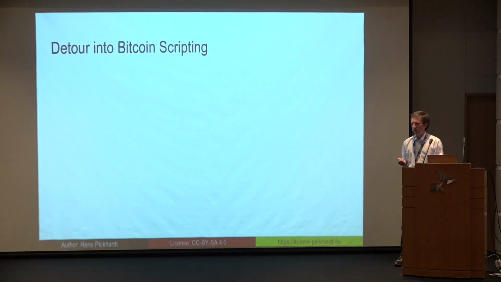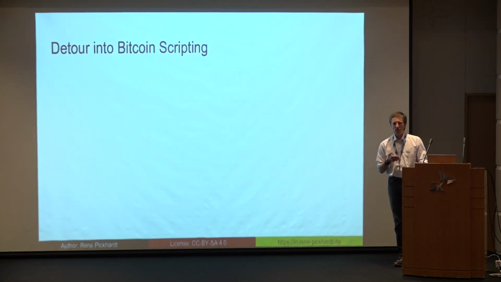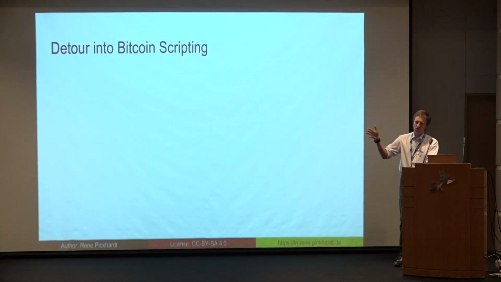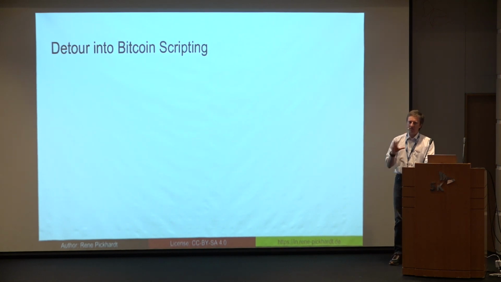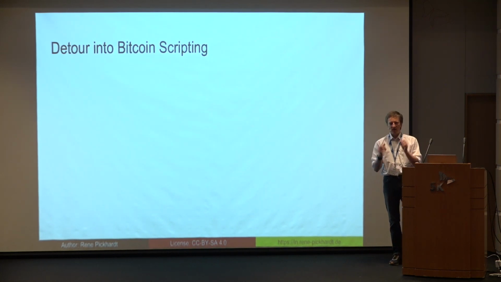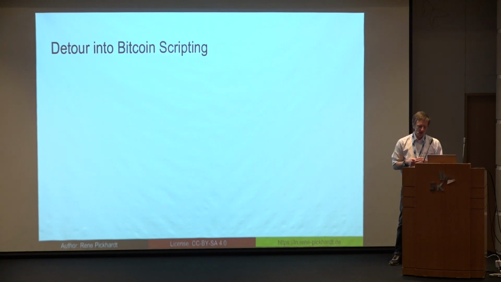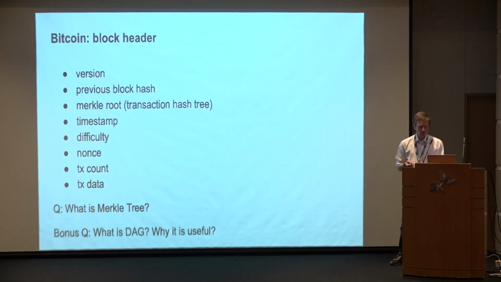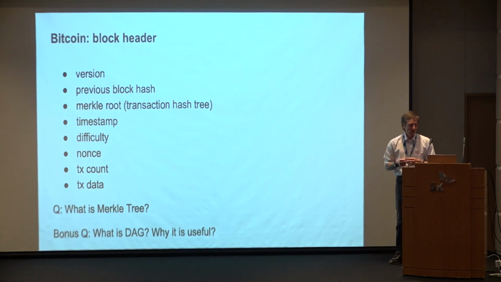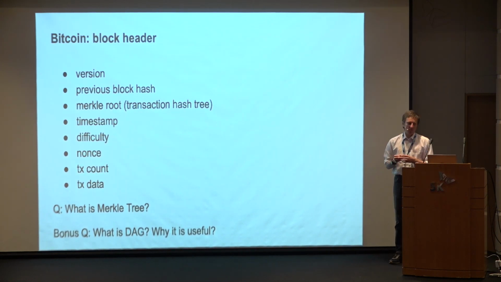In the previous tutorials, you've been introduced to blocks and to blockchain, to Merkle trees, to transactions, on a high level, but not really to the Bitcoin scripting. So that's the part which I prepared. A block header, yes, you know that more or less.